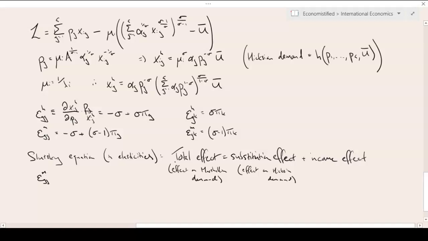So our Marshallian own price elasticity is just equal to the Hicksian own price elasticity minus the income elasticity of the good, which remember we derived in the previous video, and in the CES case we found was just equal to 1 for all goods, multiplied by the budget share.